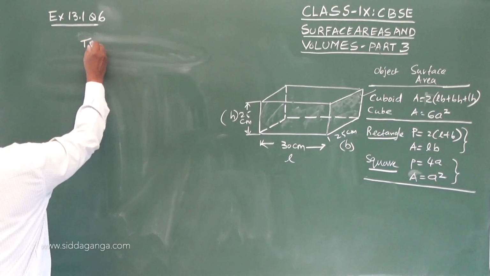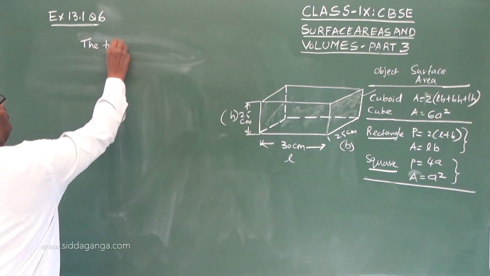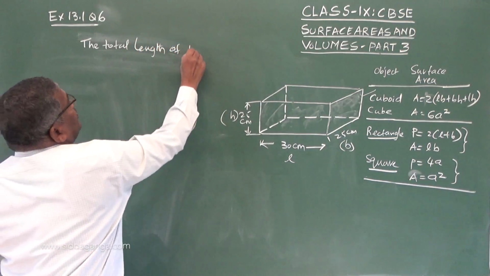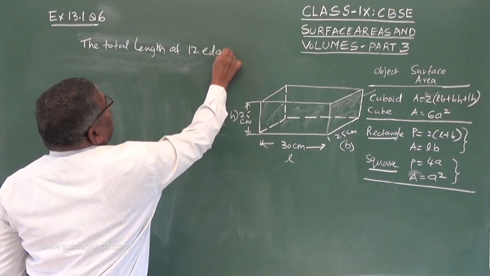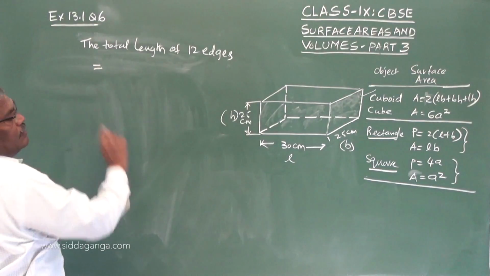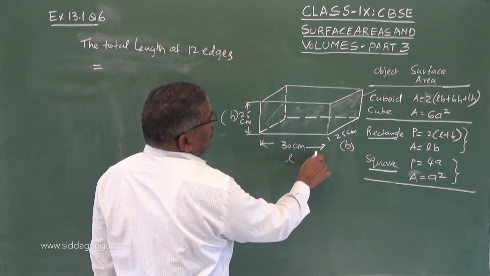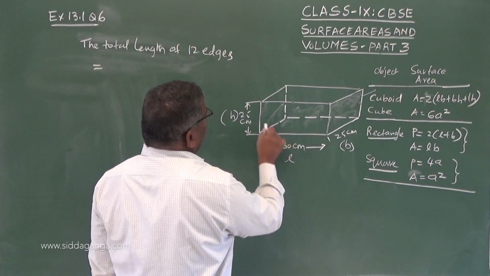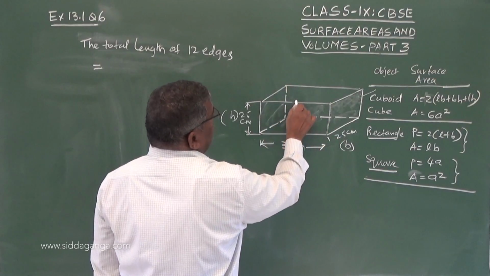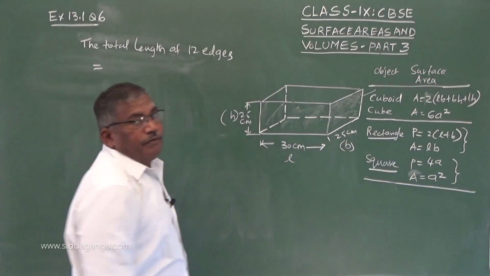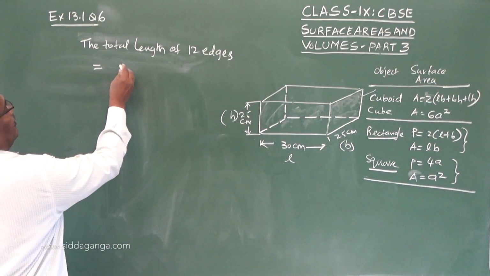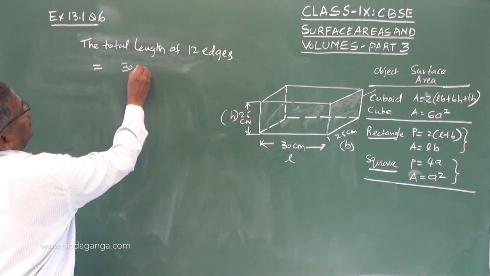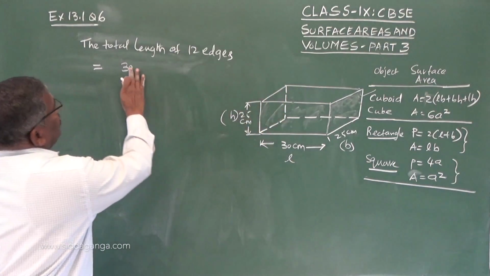The total length of the edges is equal to, you can see here, front we have 30 plus 30, or I will write 30 into 2, and 25, 25.